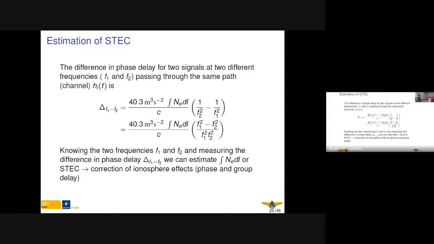In the end we have 40.3 divided by the speed of light and the STEC, and we have the difference of F1 and F2 that we need to know.